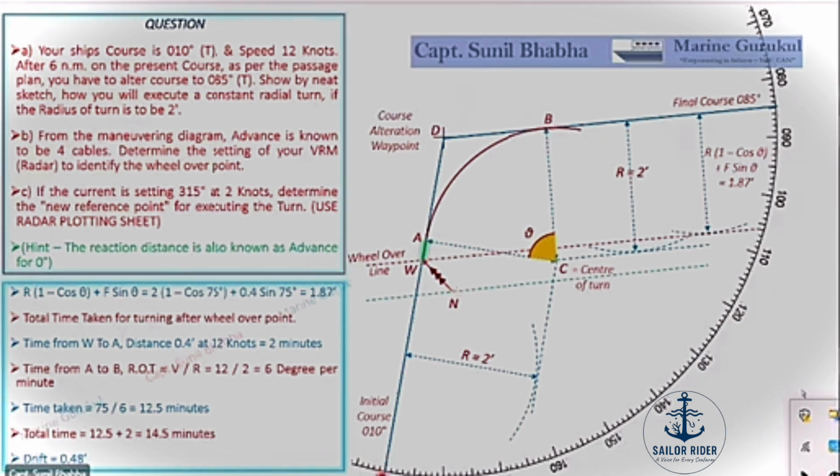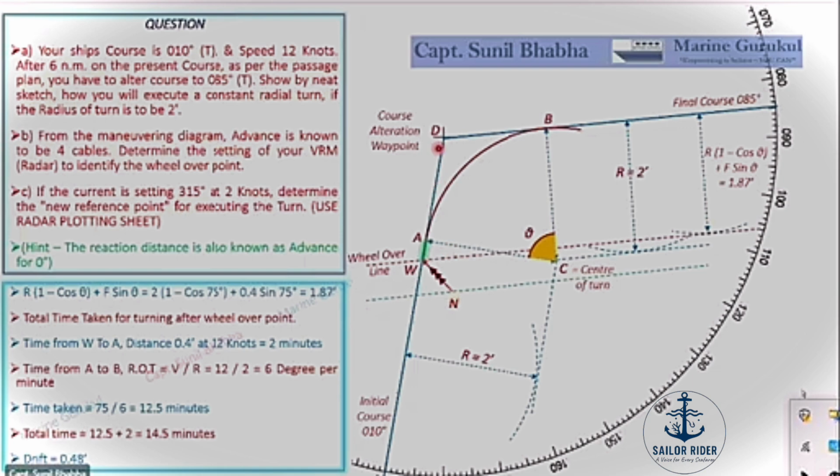Now when you are proceeding on your initial course, it is not necessary that you alter your course to reach point November. We can now use the concept of the wheel over line again here. Instead of taking your ship to November, what we can do is, we can now draw a wheel over line passing from point November.